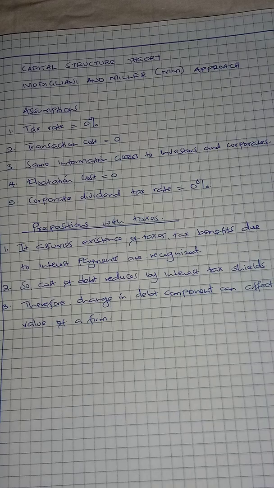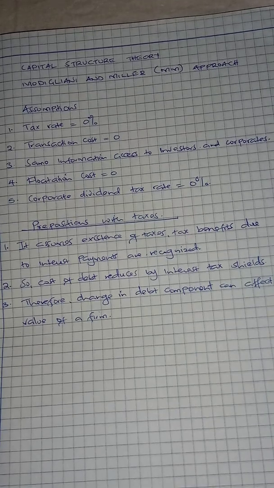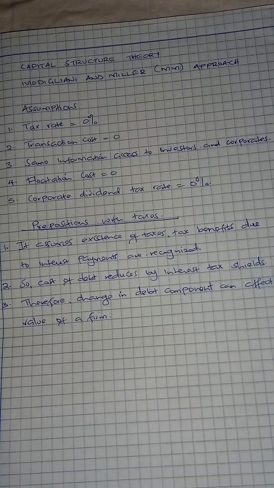This means that the higher the debt, the lower the WACC, otherwise referred to as the weighted average cost of capital, because the tax savings reduce the cost of debt, and being that it is a weighted average between the debt and the equity, it lowers the weighted average cost of capital.